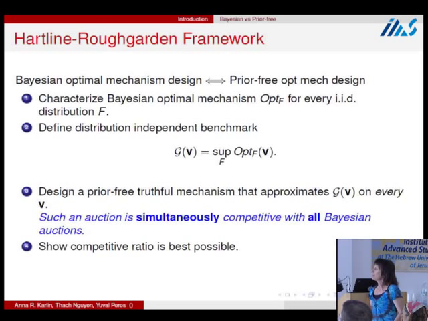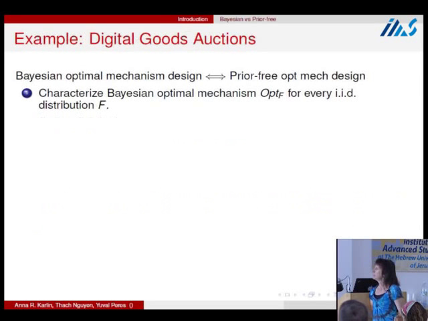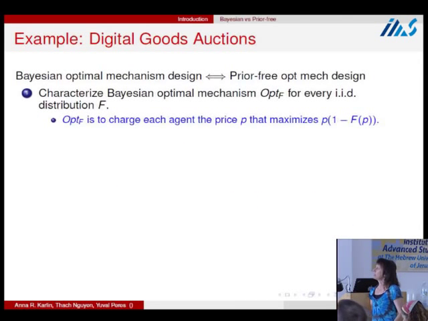But, okay, in retrospect, this was exactly what the digital goods results did. The Bayesian optimal mechanism for digital goods is just to charge the best price, which is the price that maximizes the price times the probability that the agent will accept the price, the probability that their value is above that price.